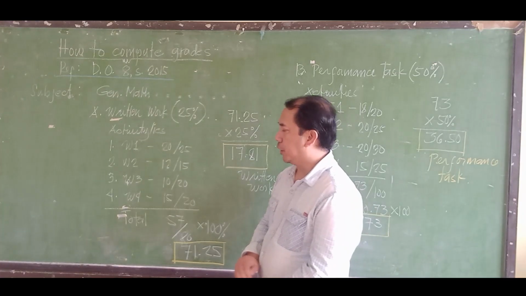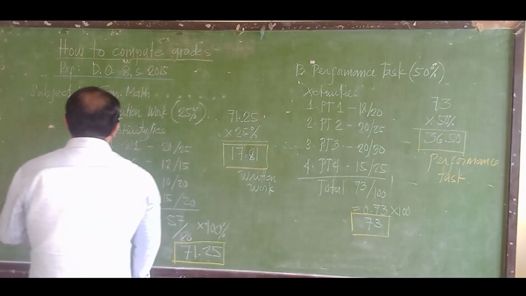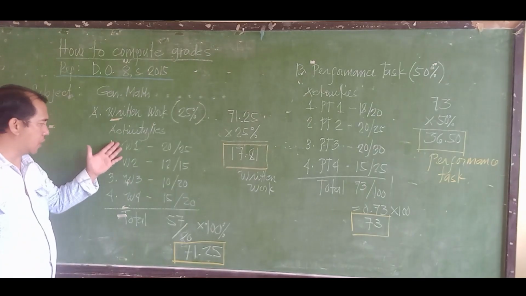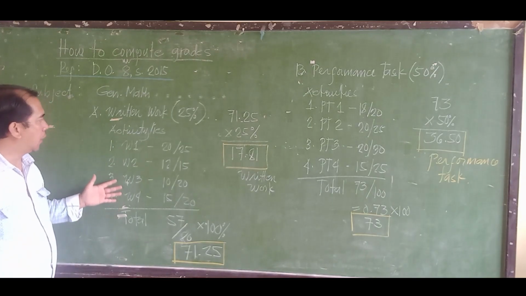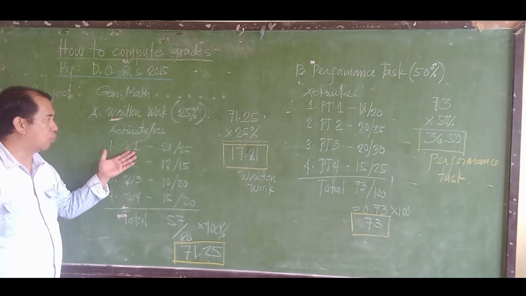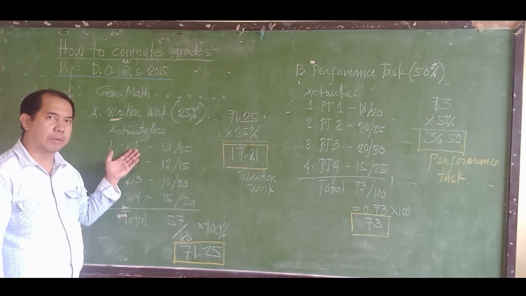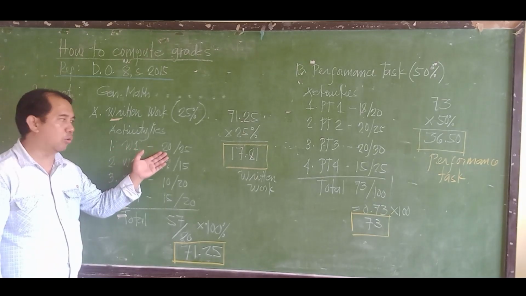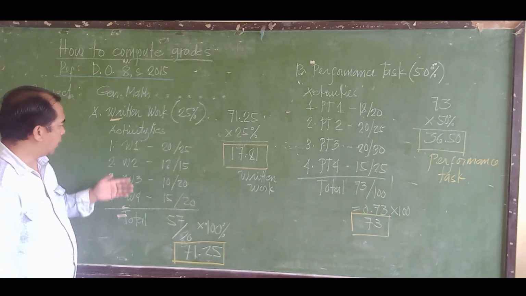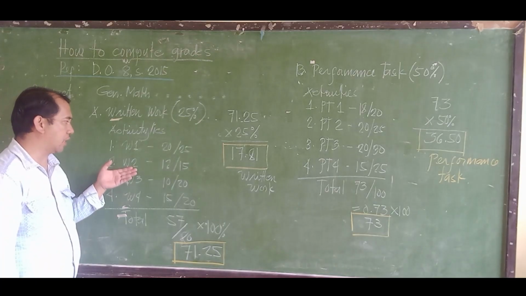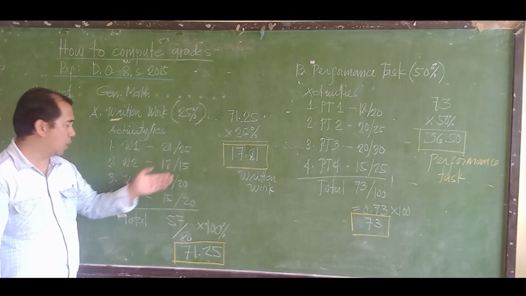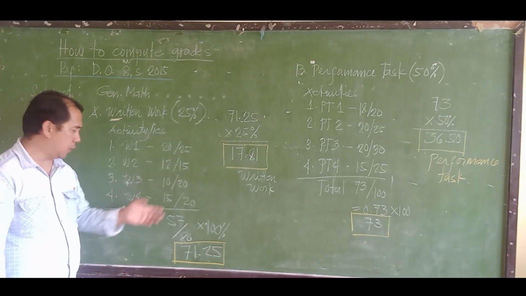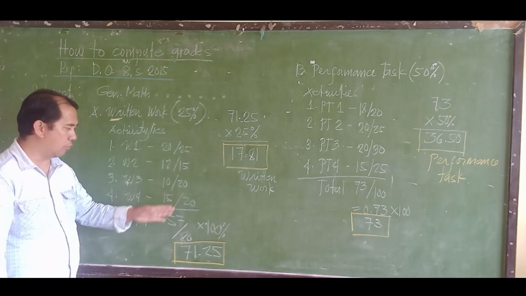As you can see here, to compute the written work, if the teacher gives at least 4 activities: written work number 1, the score is 20 over 25; activity number 2, 12 over 15; activity number 3, 10 over 20; and the last one is 15 over 20.